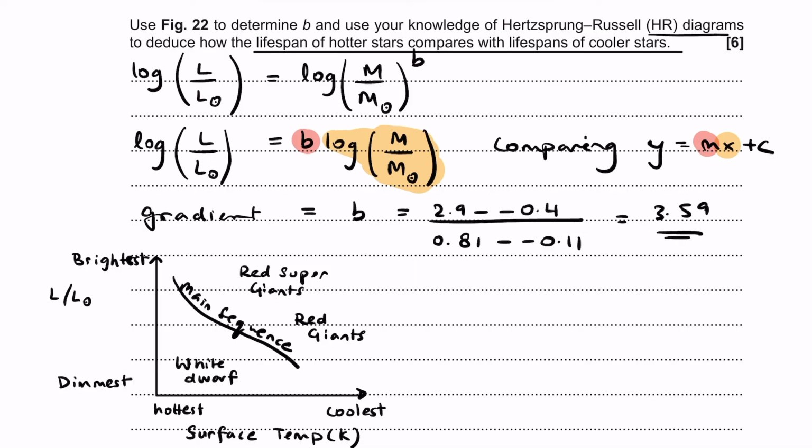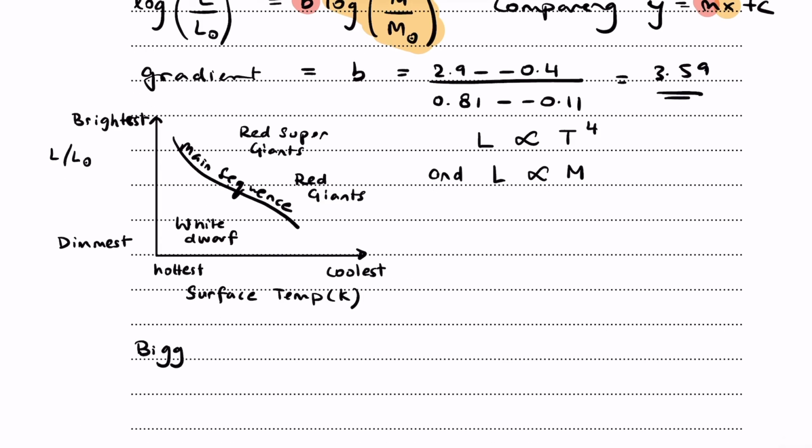Okay, so it's saying how does the hotter star's lifespan compare with the cooler stars, and it is basically there are two relationships. Okay, first of all, we know that luminosity is directly proportional to the surface temperature to the power of 4, and we also know that luminosity is proportional to the mass. Okay, so that means that bigger stars have more luminosity, or are more luminous, than smaller stars.